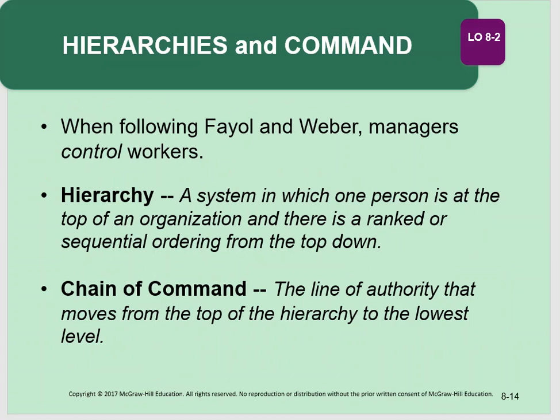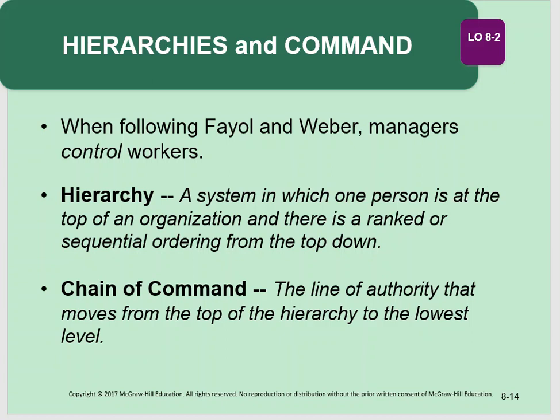I'm going to introduce three terms that all relate to each other. The first two can be found on this slide, and the last one will be found on the subsequent slide. When following the principles of Fayol and Weber, managers in essence control their workers through a system known as a hierarchy.